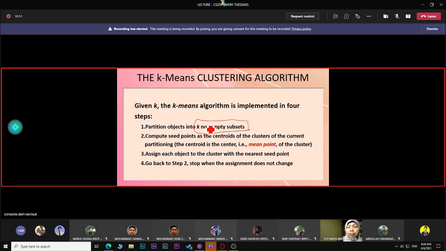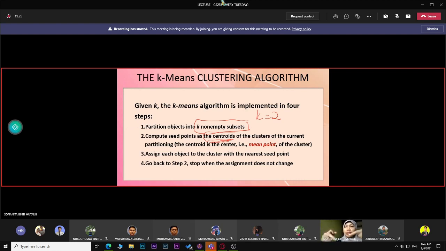For example, here you want to partition the data into 2 clusters. Initially, when you divide data into 2 clusters, you have to initialize the centroids of these 2 clusters, which are the center points of reference.